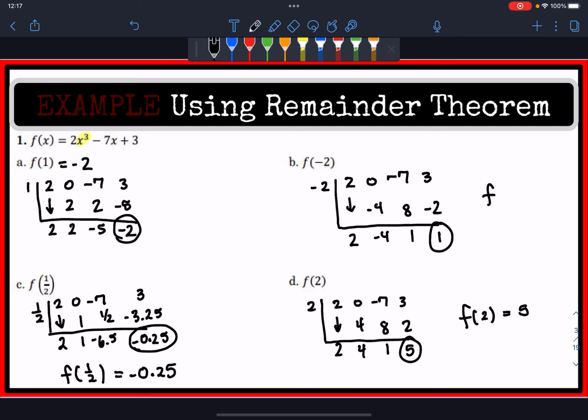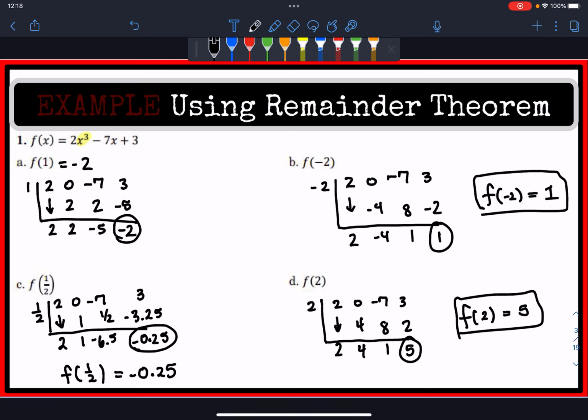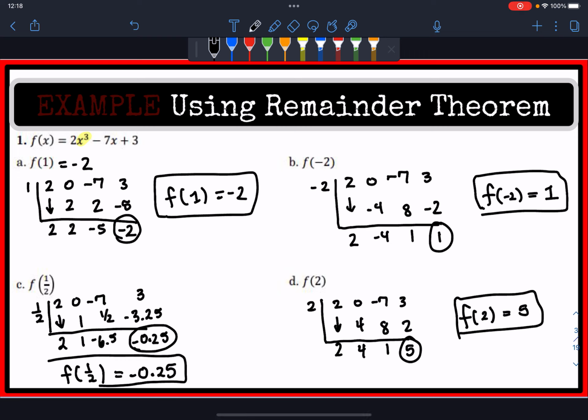So f of negative 2 equals positive 1, and f of positive 2 is equal to positive 5. So here are your values for the function. f of 1 is negative 2, and f of 1/2 is negative 0.25. So there you go. Awesome.